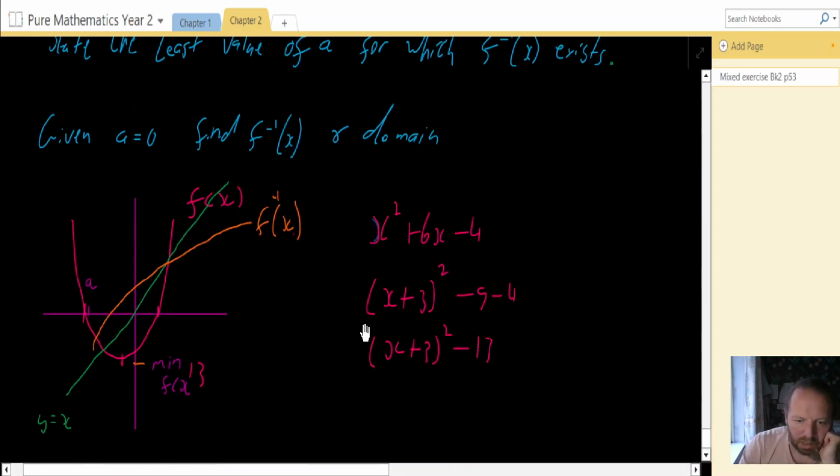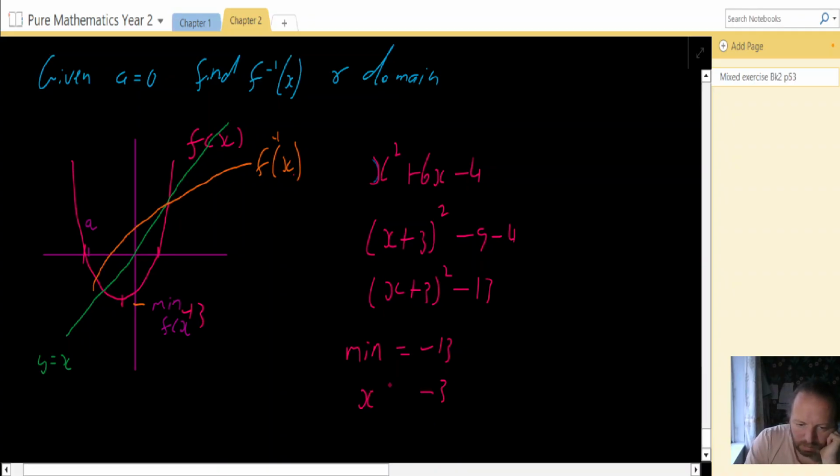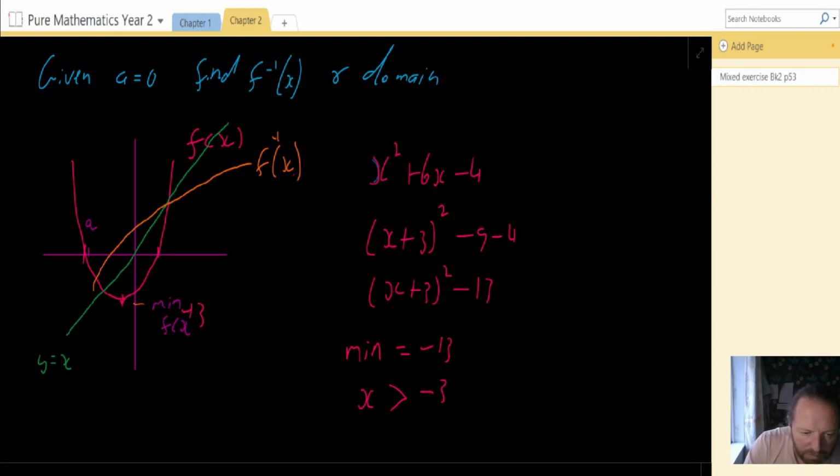Now that we've got the minimum, the minimum is equal to minus 13, and that occurs when x is equal to minus 3, or more to the point, it occurs when x is greater than minus 3, because it's this part of the curve that we are getting reflected to give us the orange line.